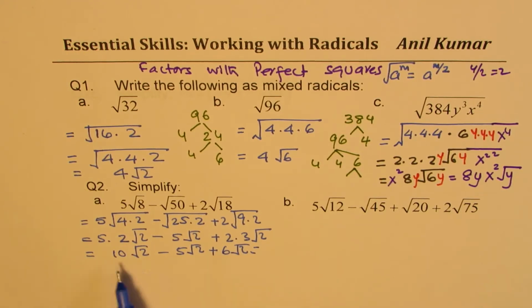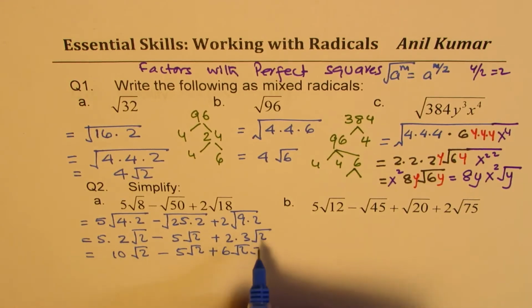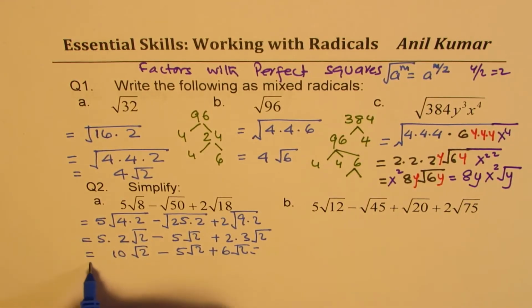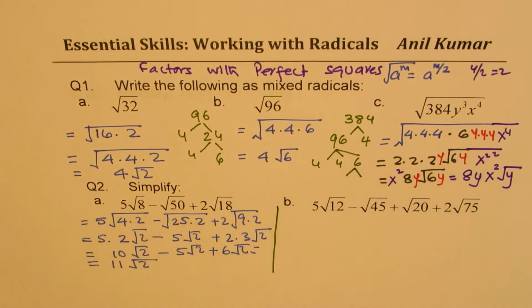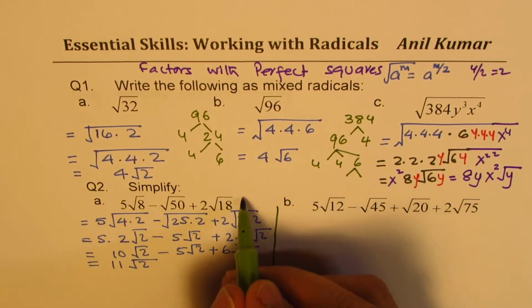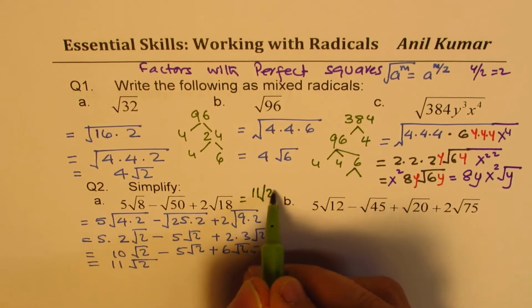So we could add, think like 10 apples minus 5 apples, add 6 apples, correct? So when you take away 5 apples, you get 5, and 5 and 6 is 11. So you get your answer as 11. Let me write 11 square root 2, right? 11 apples. So does it make sense to you? So that is how you could do such a question. Okay, so what we get here is 11 square root 2.